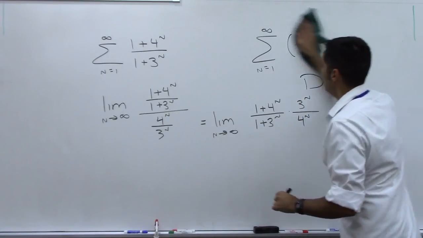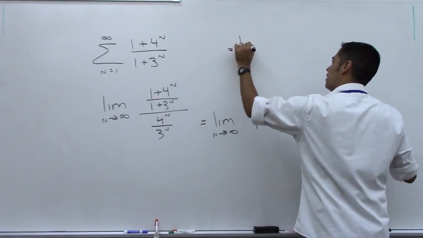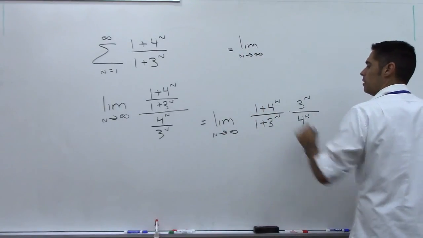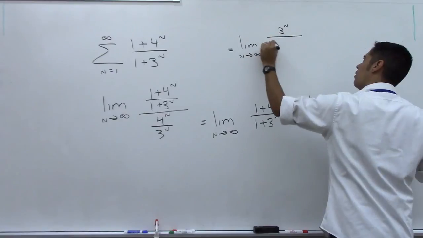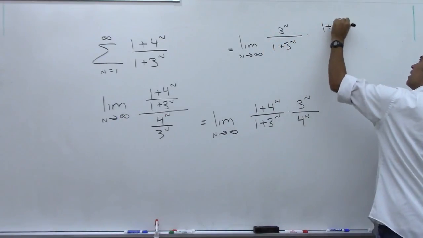And then I could split this up and do something like the limit as n goes to infinity of 3 to the n over 1 plus 3 to the n times 1 plus 4 to the n over 4 to the n.